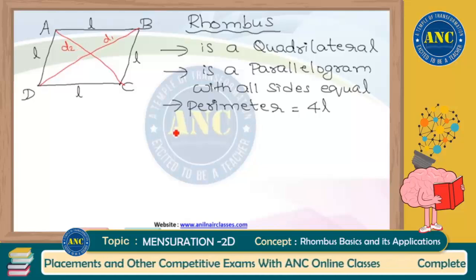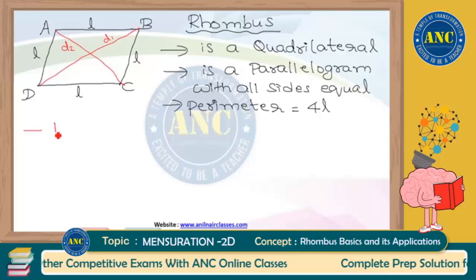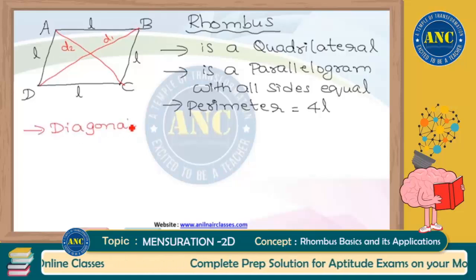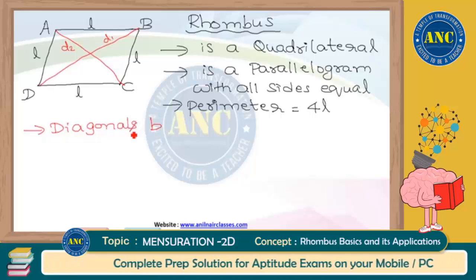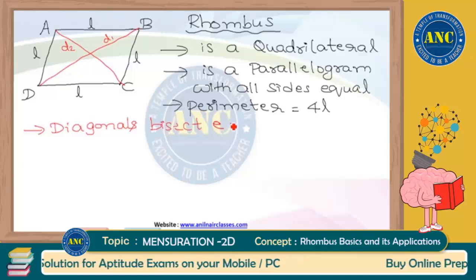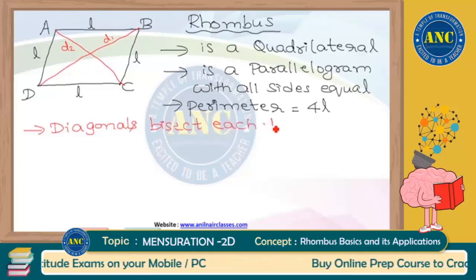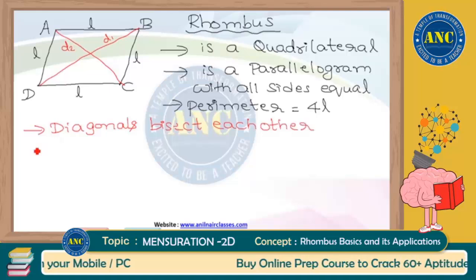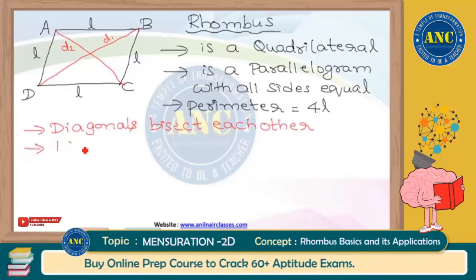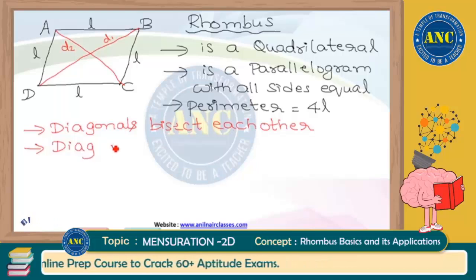Now these two diagonals, again a very important point: diagonals of a rhombus bisect each other. That is one important key point that you need to know. And another thing with respect to diagonals is that diagonals of a rhombus are always perpendicular to each other.